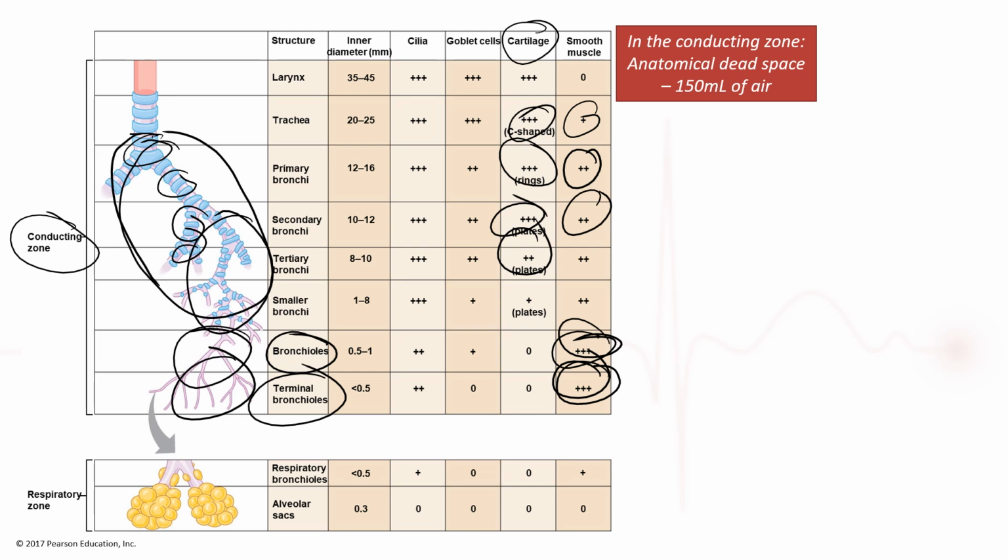But then, once you get down into the bronchioles and terminal bronchioles, the lumen can change significantly depending upon whether that smooth muscle is contracted or relaxed. And this will have an influence over how much air we actually bring in and out of our lungs during different circumstances, like during exercise, during relaxation, whether the sympathetic or parasympathetic nervous system is activated.